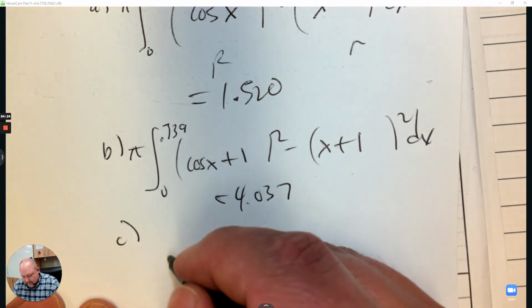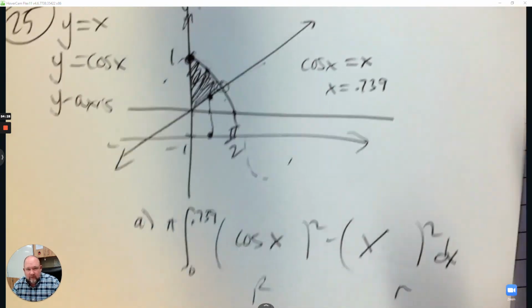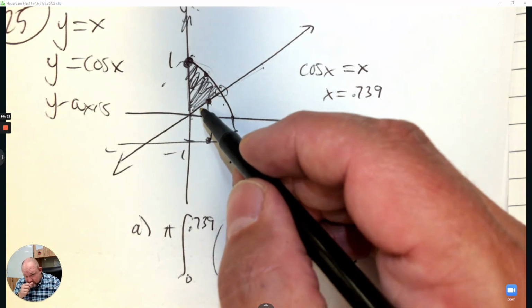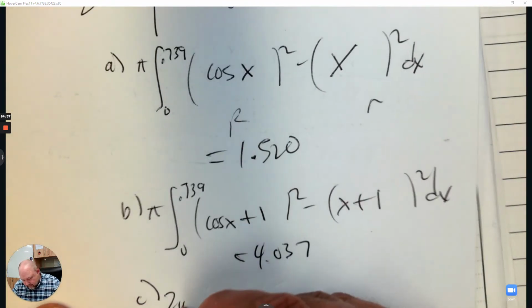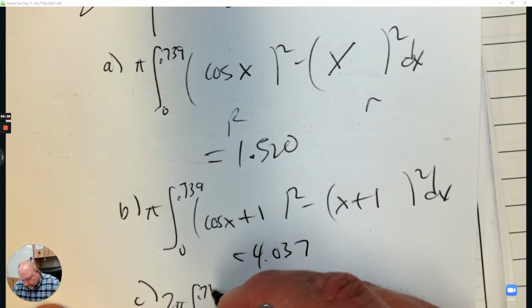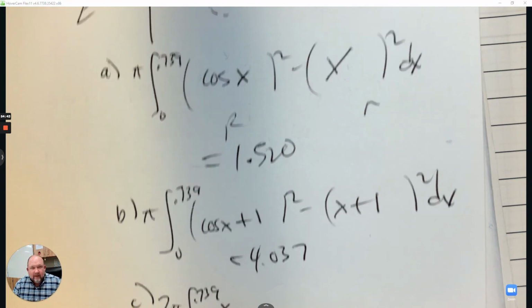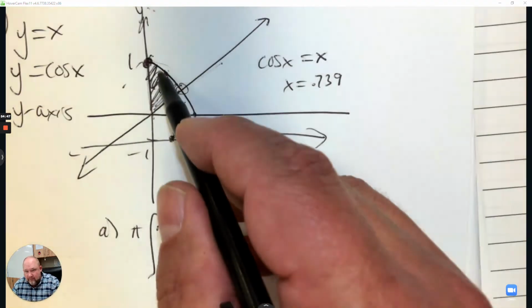About the y-axis, now when we do this with the y-axis, we're going to use our cylinder, our shell method. So, 2 pi. The x-coordinate is going to be the radius. And then we're going to go top subtract bottom for the height.